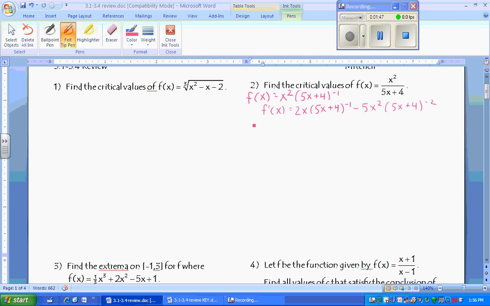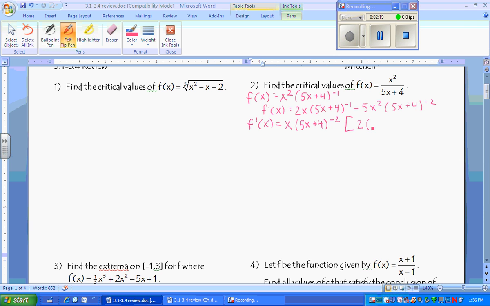Okay, then you have to factor it in order to get the critical values. You take out an x, that's a common factor. And you'd also have to take out 5x plus 4 to the negative 2, because that's the lowest exponent. So you make parentheses, and you have 2.